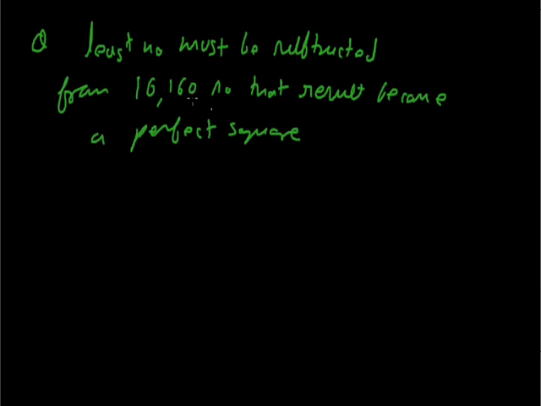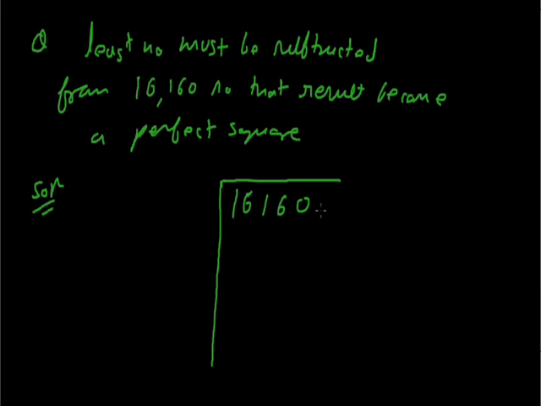So again we have to solve it by the long division method. First of all, I have to find the square root of 16,160. I have to make the pairs of 2 from the rightmost side, that is 60, 61 and 1.